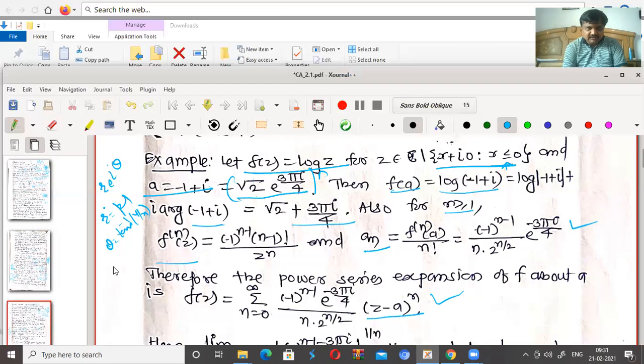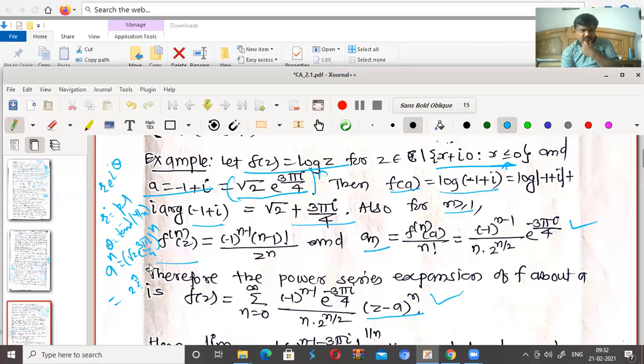If a is this one, a to the power n is square root of 2 e to the power 3 pi i by 4, to the power n.